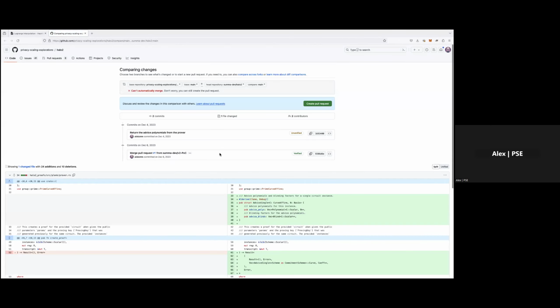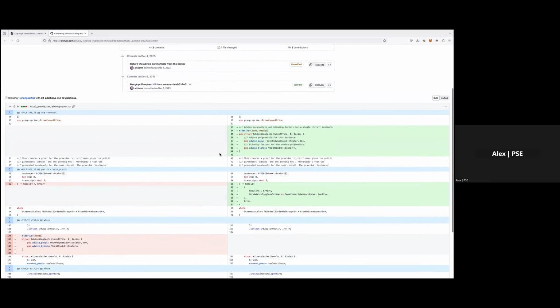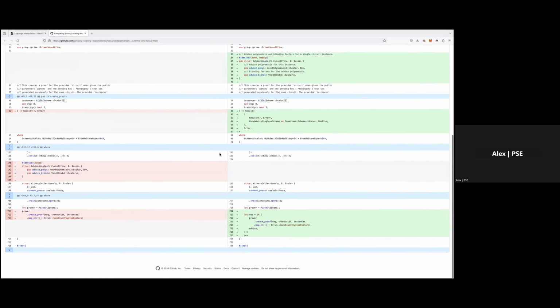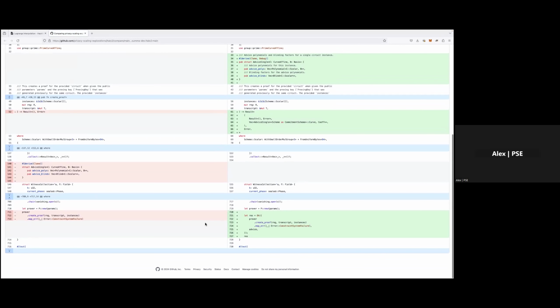We can quickly take a look at the modification to the original Halo2. The main difference is here around line 700, where we're returning the advice from the prover alongside the proof transcript.